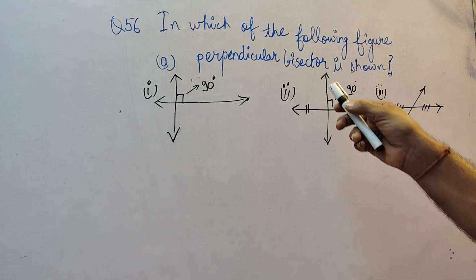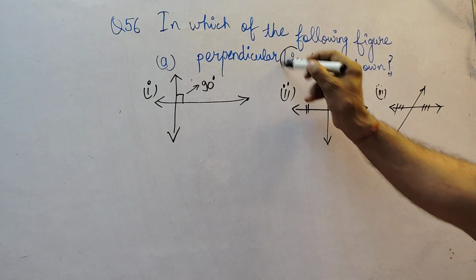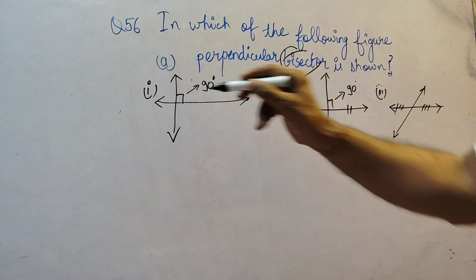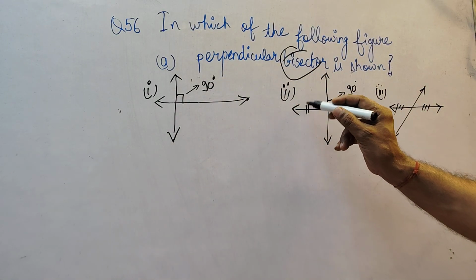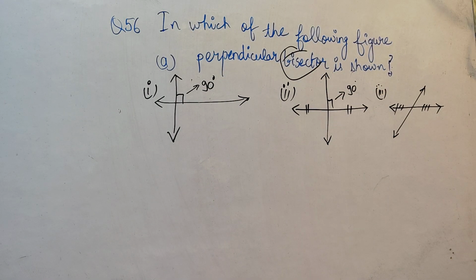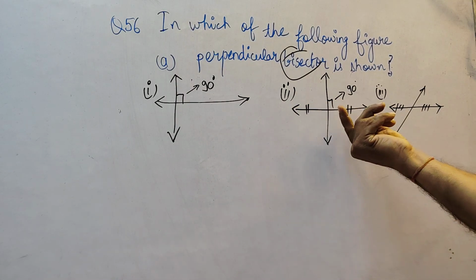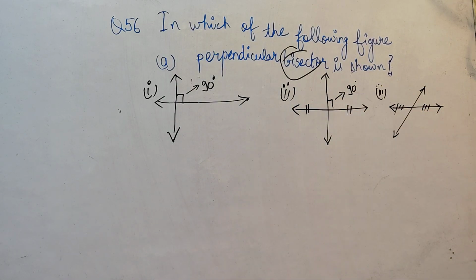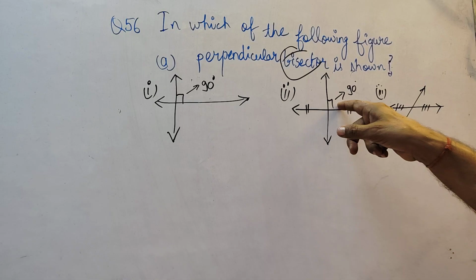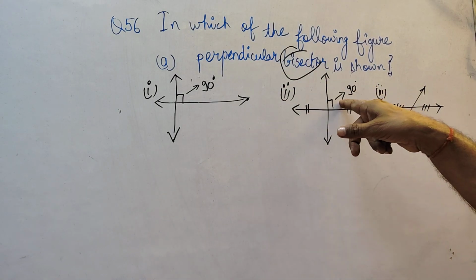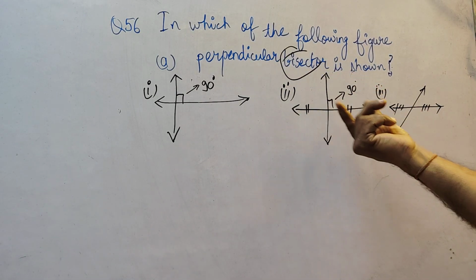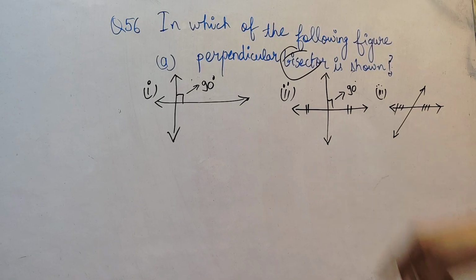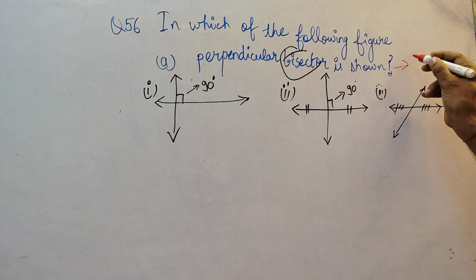Bisector means equal parts. So this bisector is not considered in the first because the equal parts are these two lines. That's why in the B part the right angle is also 90 degrees. So perpendicular means 90 degrees, bisector means equal halves. So this is the perpendicular bisector. That means its answer is B.